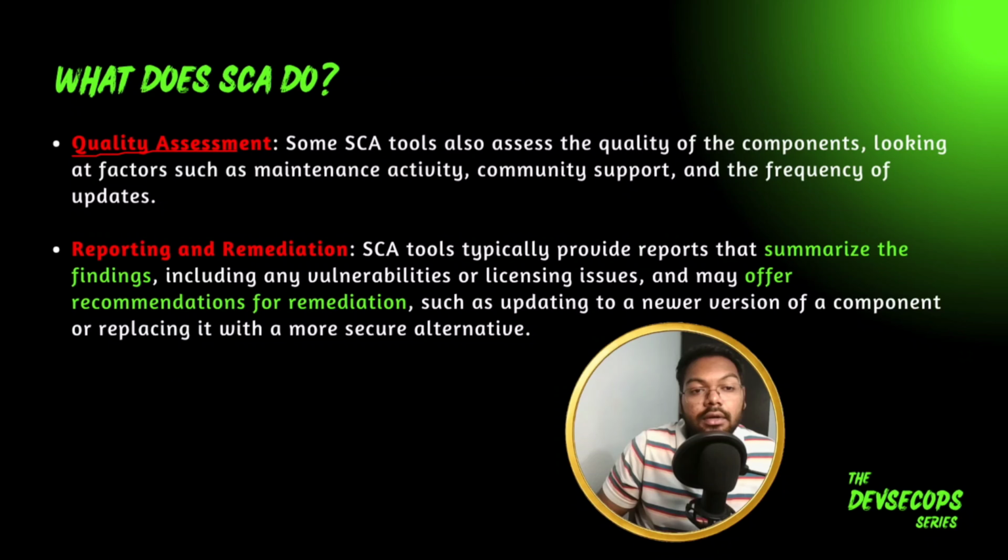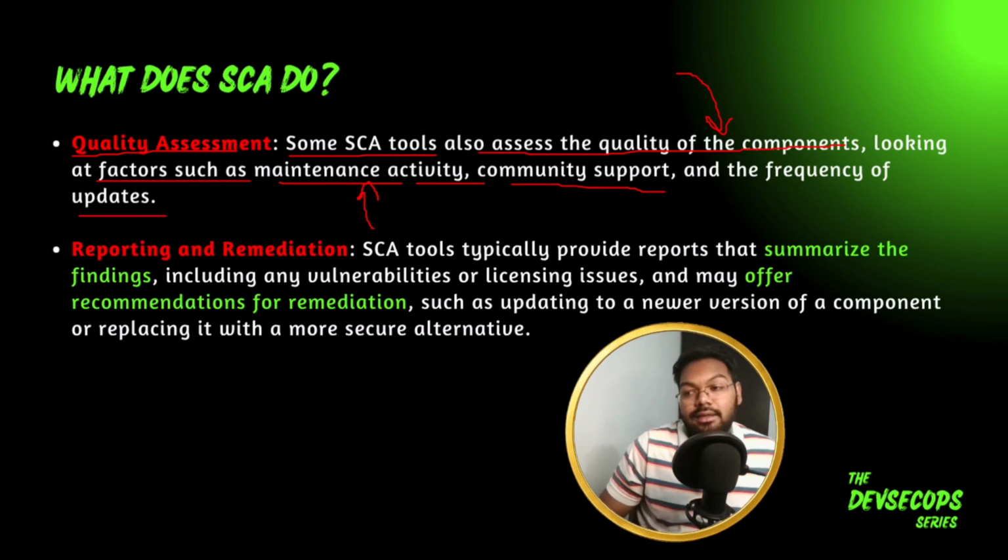Then quality assessment. Some SCA tools also assess the quality of components, looking at factors such as maintenance activities, community support, and frequency of updates. Quality is really important. If there were vulnerabilities in previous versions of a certain package, were they updated?